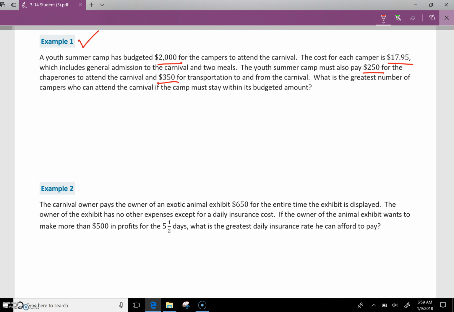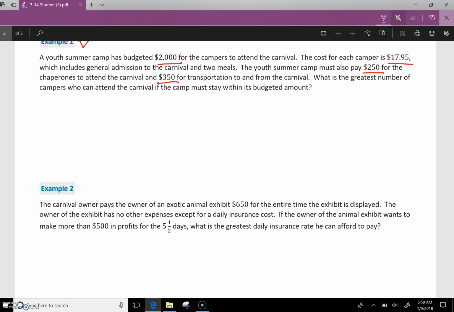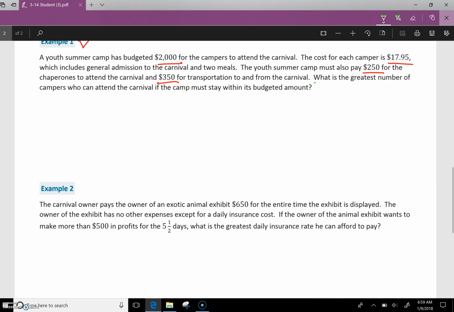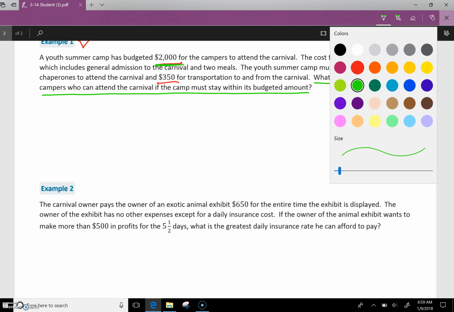What is the greatest number of campers who can attend the carnival if the camp must stay within its budgeted amount? So there's our question. What is the greatest number of campers who can go to the carnival if the camp must stay within its budget of that $2,000? So we're going to build an inequality very similar to how we did on the last problem.